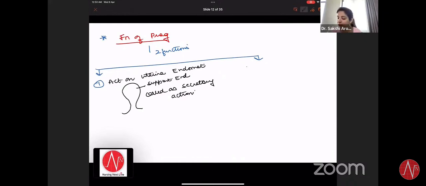It will have a negative feedback on LH. So these are 2 works which are done by progesterone. It will support the endometrium and it will have a negative feedback on LH.